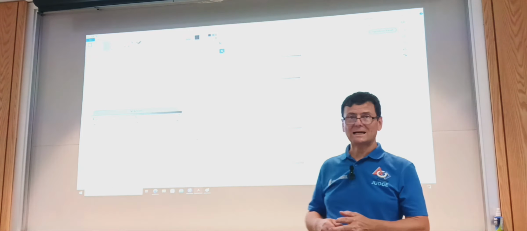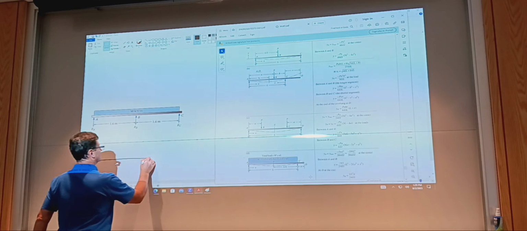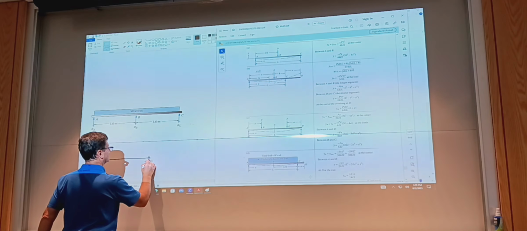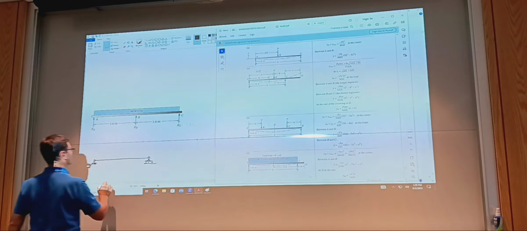So our statically determinate cases are a simply supported beam, like we did so many, and the cantilever, okay? So our two statically determinate cases are this one, with some distributed loading, and then the other one is the cantilever, with some distributed load, whatever.